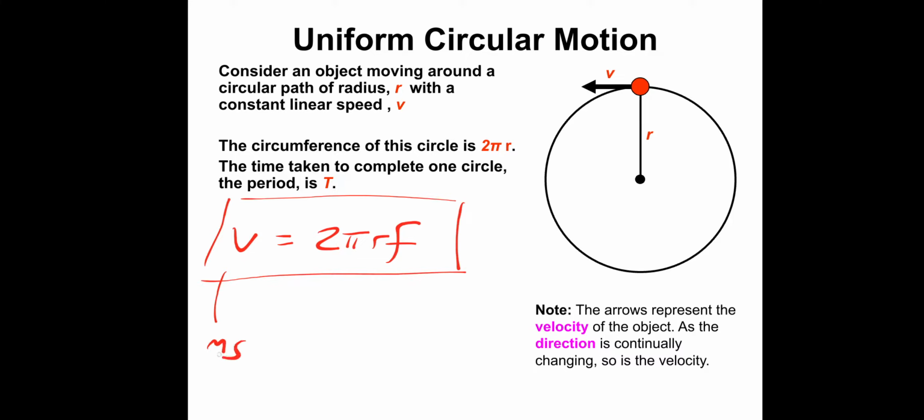Same again: meters per second, meters, and frequency is cycles per second, which we measure in hertz, Hz. If it was a frequency of 1 hertz, that means it would complete one full cycle all the way around in 1 second. If it was 2 hertz, it would be 2 cycles per second. Let's move on from there.